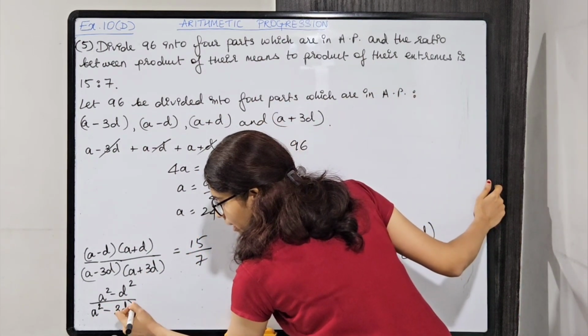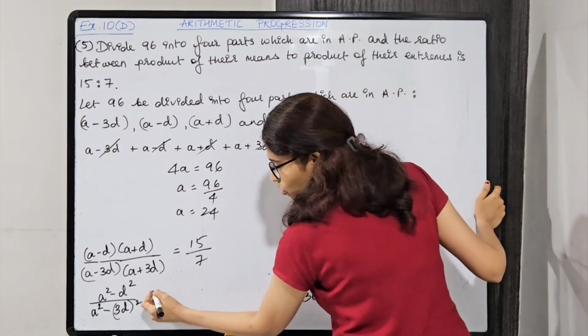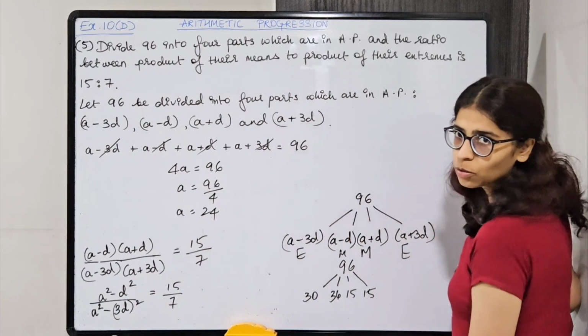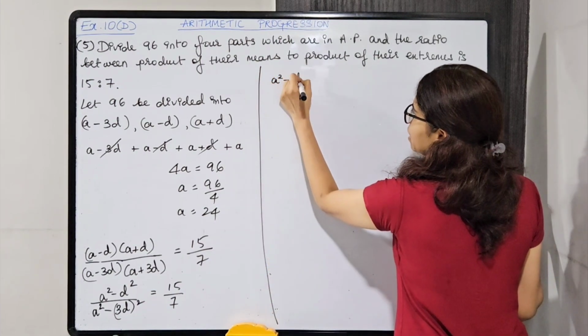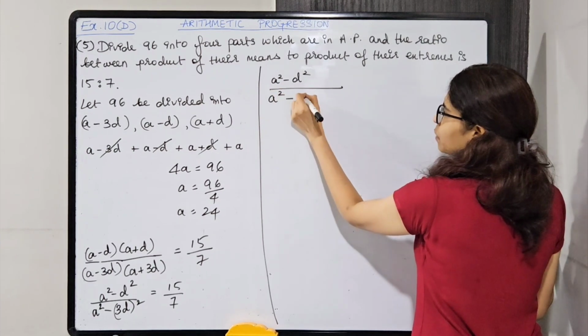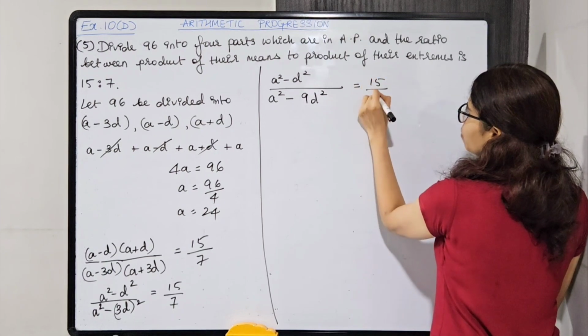So 3d का square. Okay, सो 3 का भी स्क्वायर होगा, d का भी स्क्वायर होगा. ओके, सो a square minus d square upon a square minus 3 square which will be 9 and d square is equal to 15 upon 7.